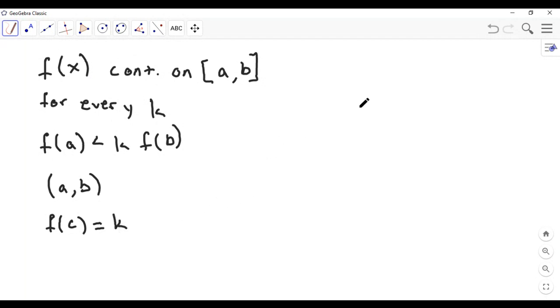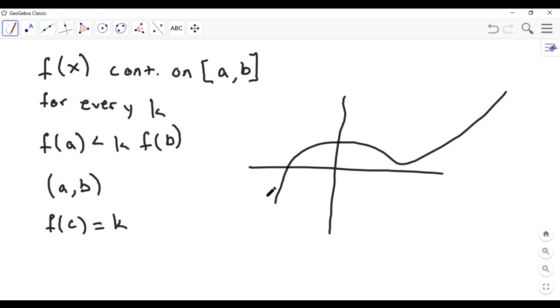And really all that's saying is, it's a complicated way of basically saying if you have some kind of function like this, and you've got some interval from a up to b, all the way over here, then you have some kind of lower bound, some kind of upper bound.